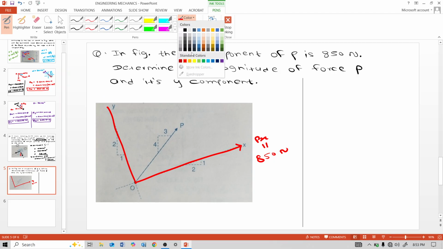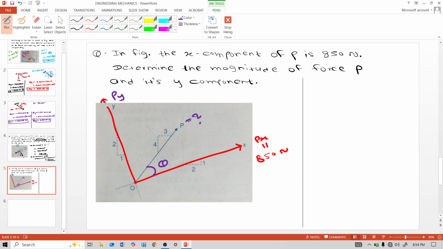This Py component we will calculate, and this P component we will also calculate, and let us assume that this angle is theta.